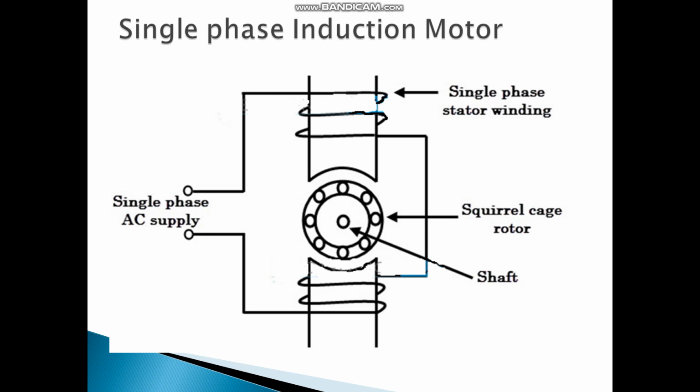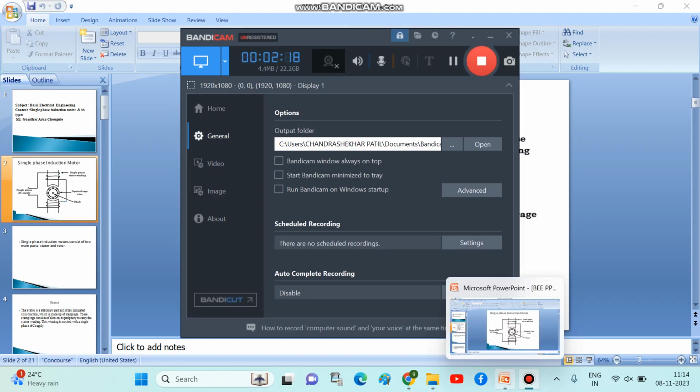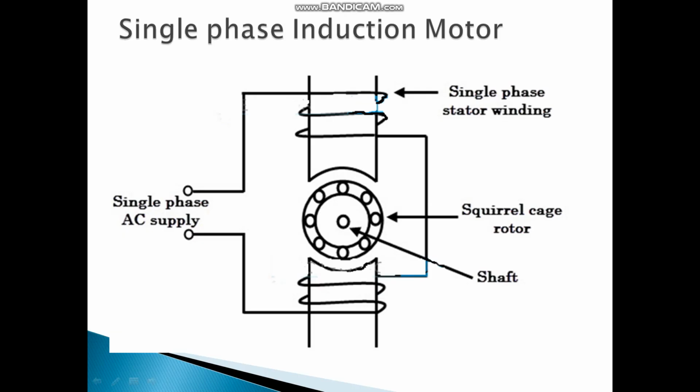This is Faraday's law, and according to it, the EMF induced in the conductor is given by e = -N dφ/dt. That is Faraday's law, and according to that induction principle, the single-phase induction motor works.